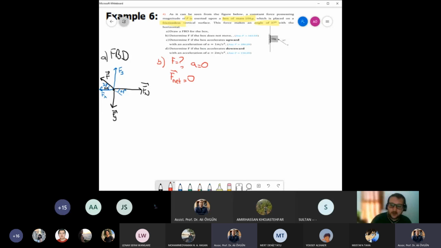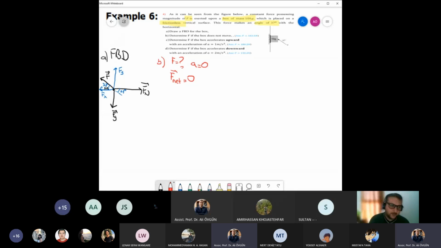First, you must write the components. So what are the components? X components and Y components. So the forces on the x-axis and forces on the y-axis.